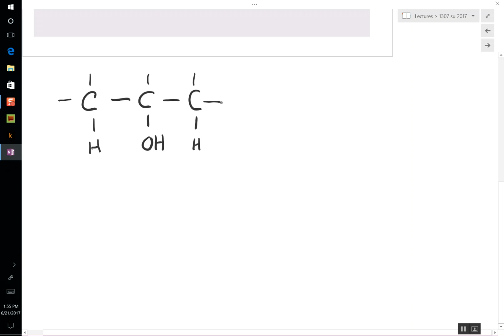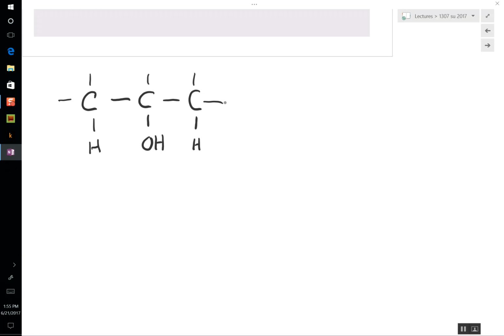And there are also hydrogens which I'm not going to necessarily write out. But we're going to eliminate a water molecule. And the way we're going to eliminate it is between 2 adjacent carbons. One of the carbons holds the hydroxyl, and the other carbon has a hydrogen. So H2O. There's a water molecule sitting right there.